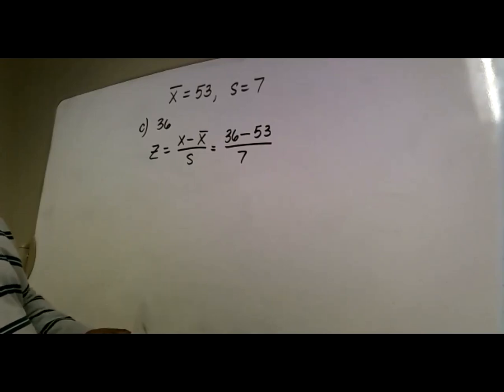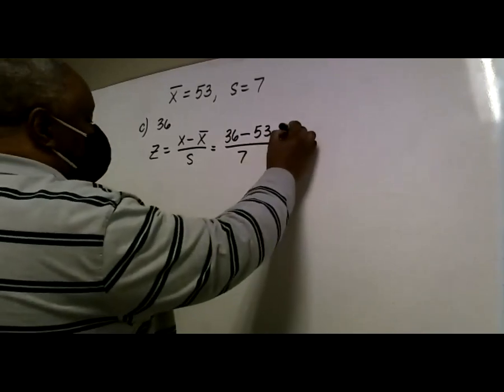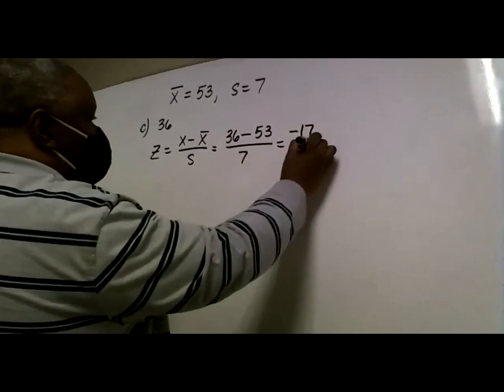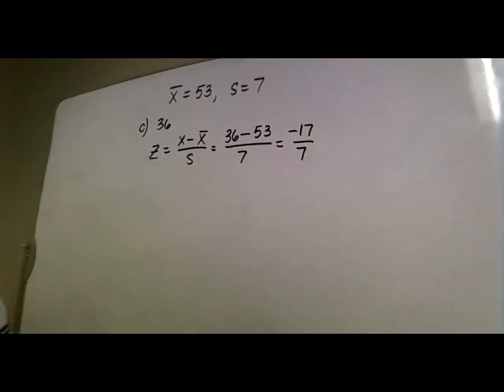Then we simplify. 36 minus 53 gives a negative number, negative 17.